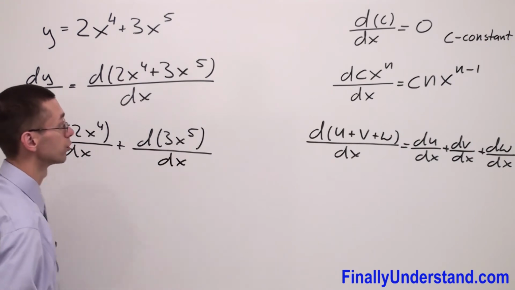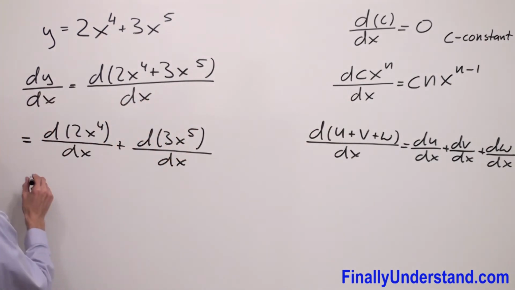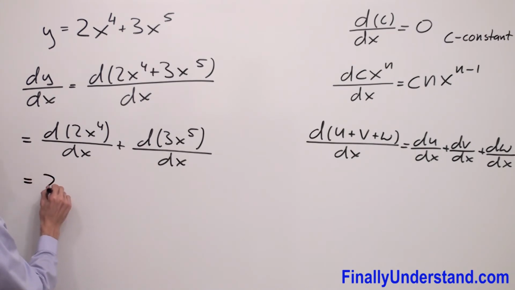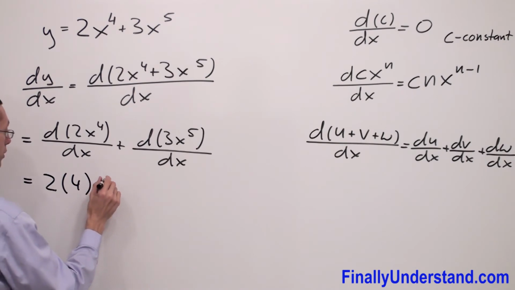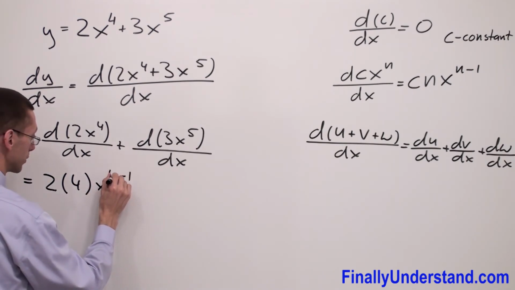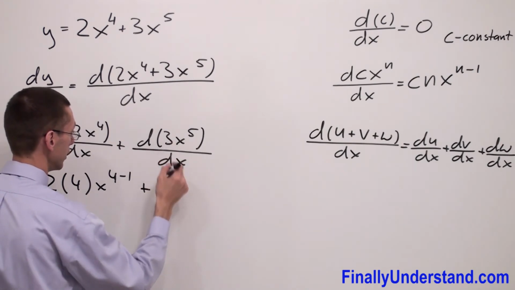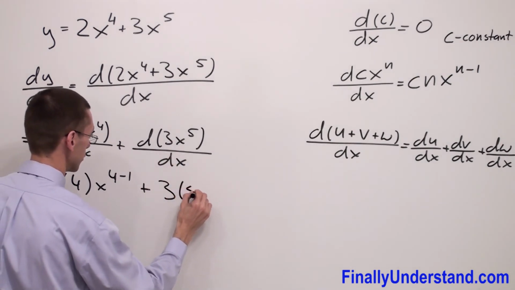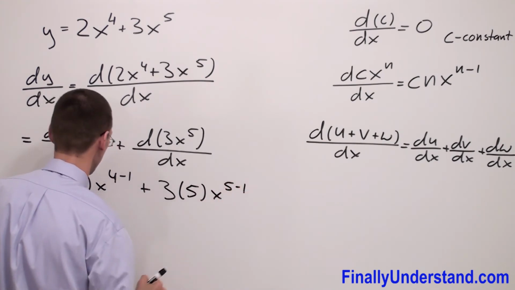Next, I'm going to use this formula, okay? So I have 2 times 4x to the 4 minus 1, plus 3 times 5x to the 5 minus 1.